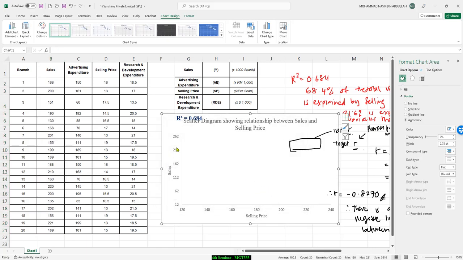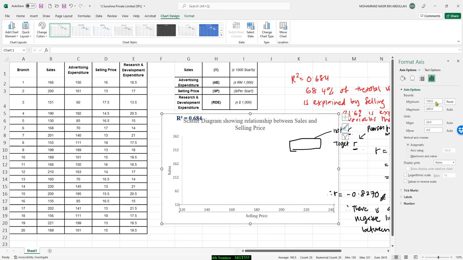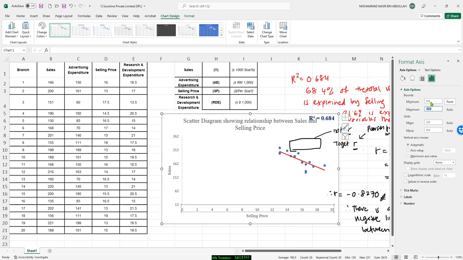Now dekat sini kita highlight dekat sini. So right click, tekan format axis, right? So tadi kita letak from 120 to 240 kan, that's why kita dapat kosong. So kita letak let's say kosong to 20. So dia akan nampak ni lah, baru nampak the correct one.